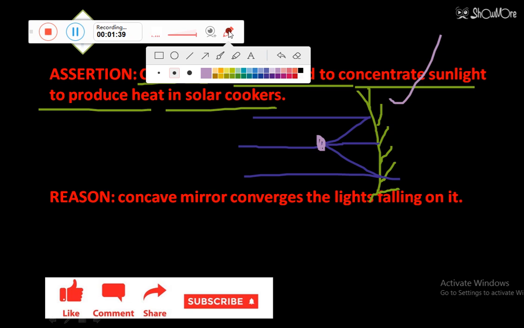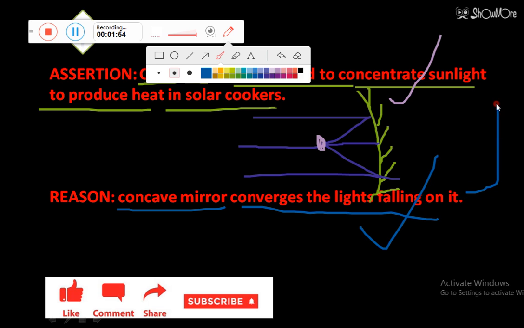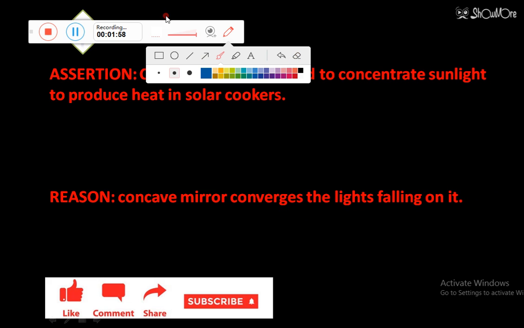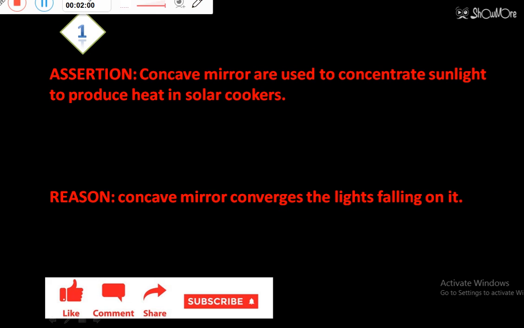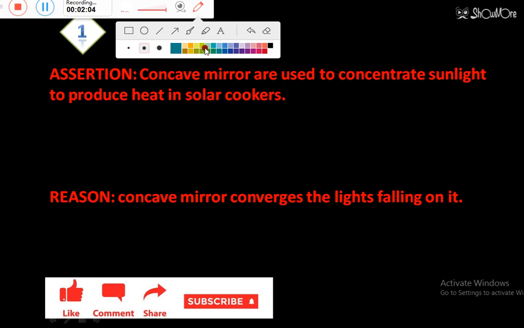The second one says: concave mirror converges the light falling on it. This is also right, and they are both linked. You can see the second one is the explanation for the first one. The reason is why we use the concave mirror.